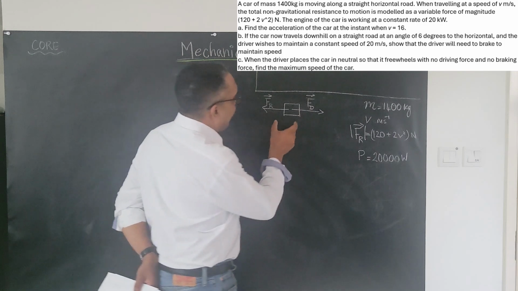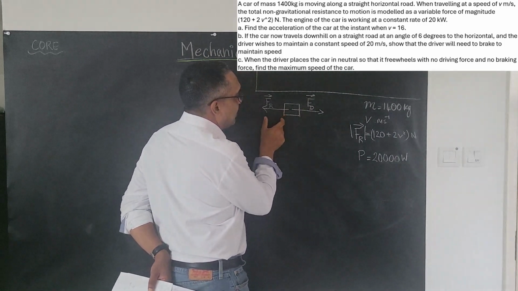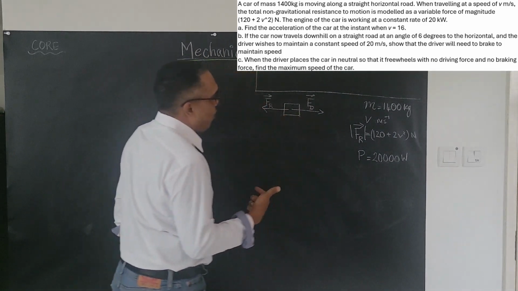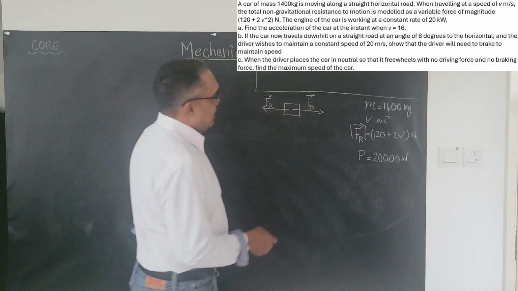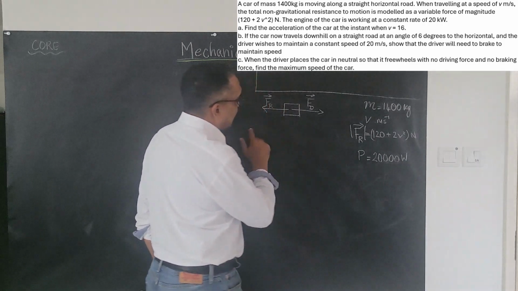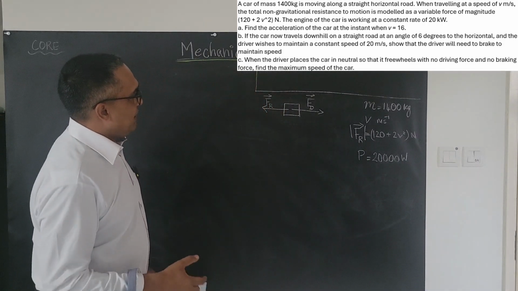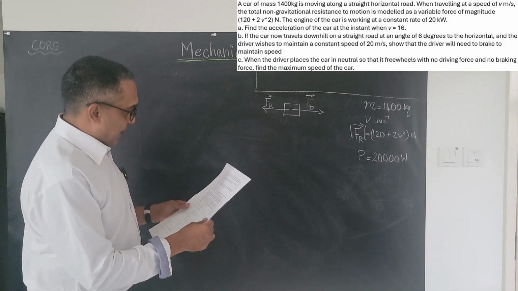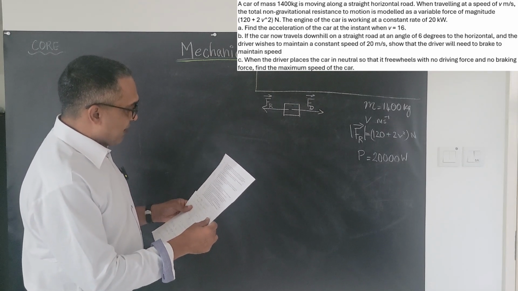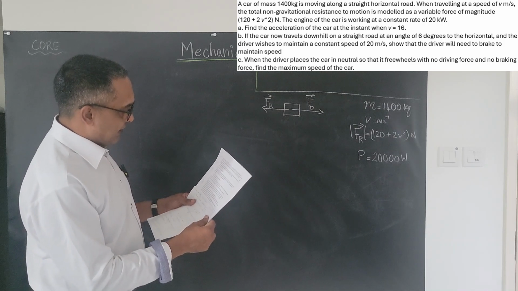So if the resistive force is constantly applied and I have this, what am I trying to do here? Would this balance out? Well, if it's completely balanced, I'd have constant velocity. Okay. But clearly he doesn't say it's constant velocity.